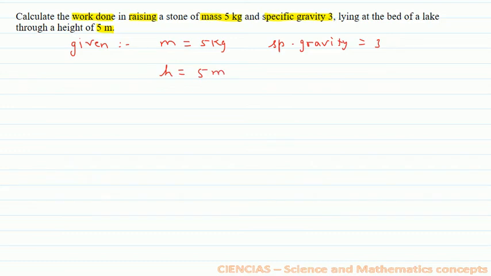So we see what is specific gravity. Specific gravity means density of body upon density of water.